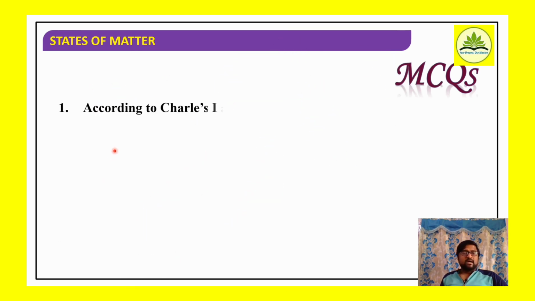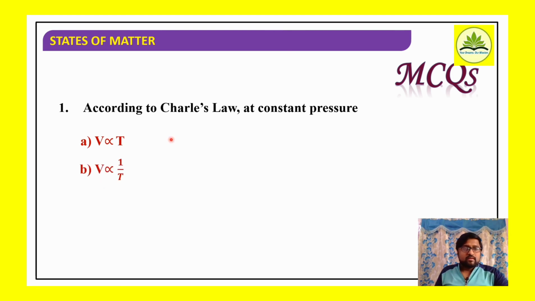MCQs. According to Charles law, at constant pressure, V is proportional to T, V is proportional to 1 by T, V is proportional to square root of T, or V is proportional to square root of 1 by T. According to Charles law, the volume of a given mass of a gas is directly proportional to temperature.